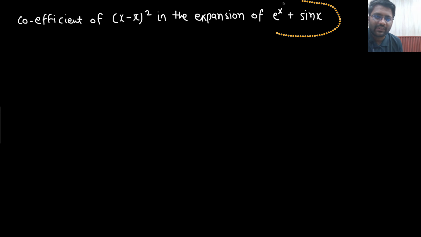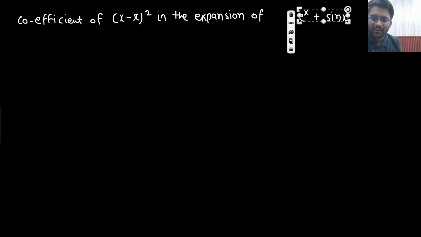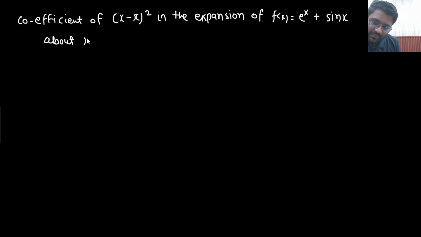In the expansion of f(x), which is e to the power x plus sin x, right, about x equals to pi. This is what you are supposed to do.